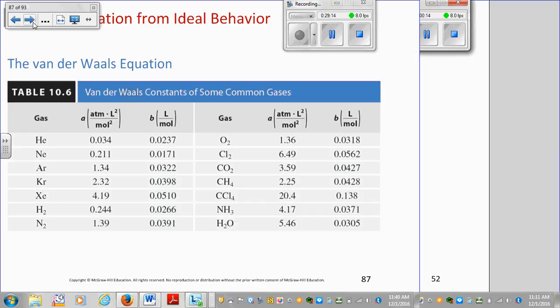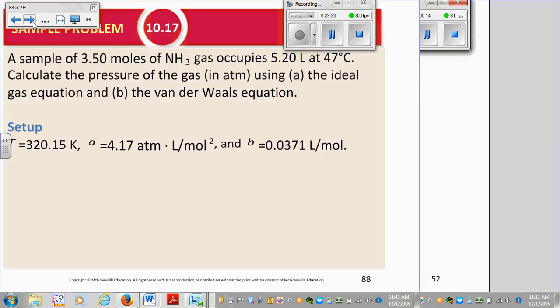There are values for a and b for different gases. You'd actually put those terms in, and we're not going to do any of that on the tests. I just want to show you that in real life you have to correct for how things work in real life. I'm going to skip that.